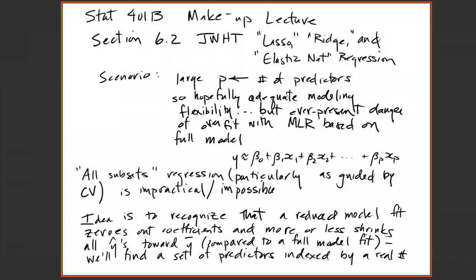These are alternatives to ordinary least squares that is used in standard multiple linear regression analyses, particularly appropriate where one has a large number of predictors, where p, the number of predictors, is large.